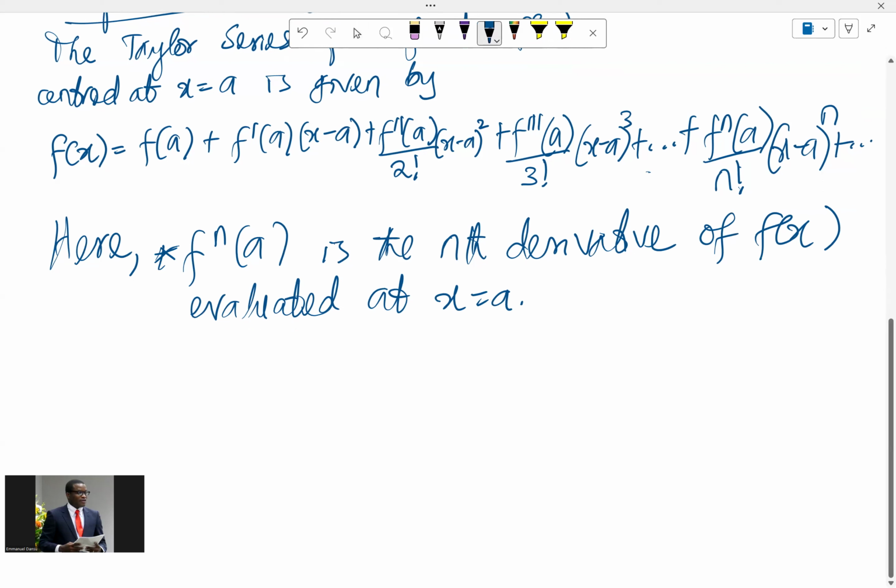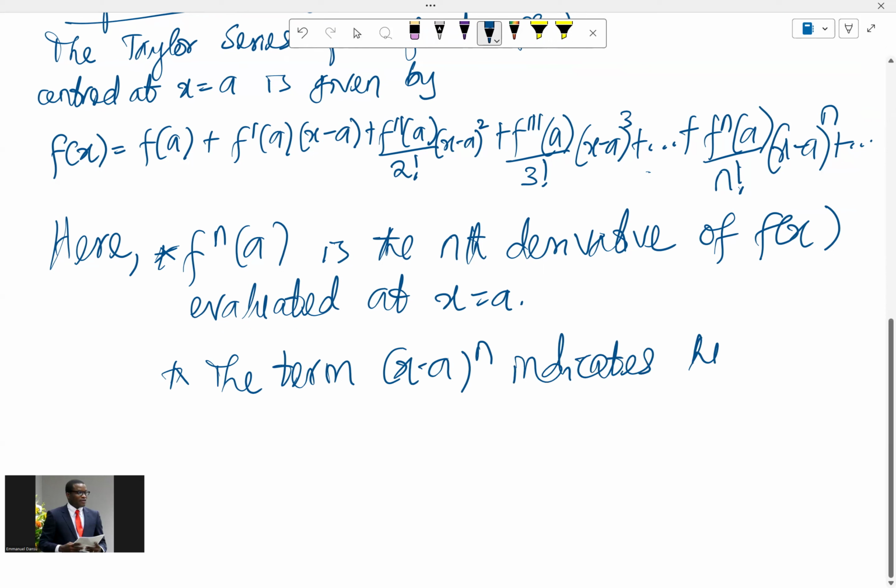Then secondly, the term x minus A raised to power n indicates the distance from the center A. Okay, so clearly A is the center.